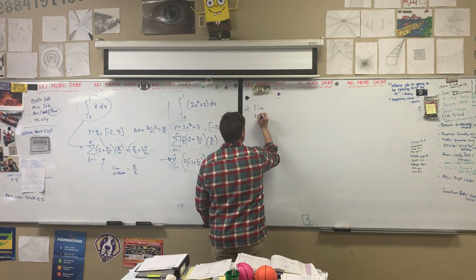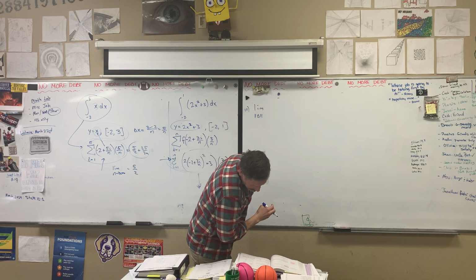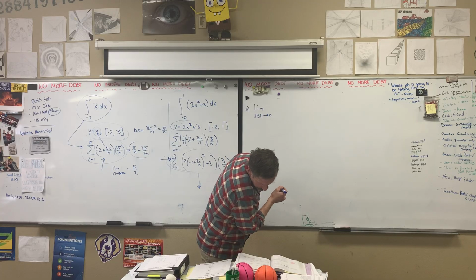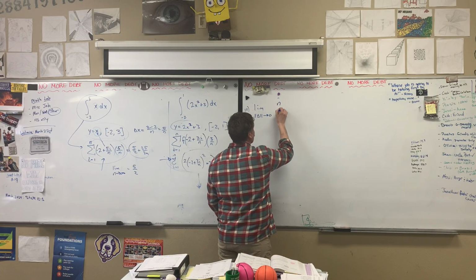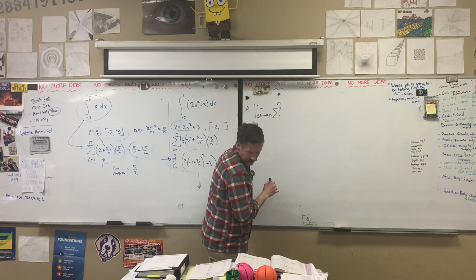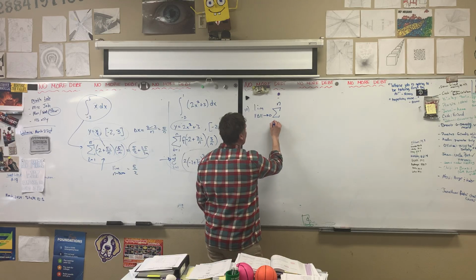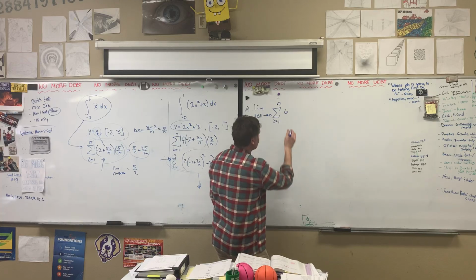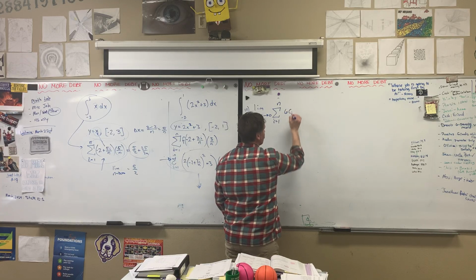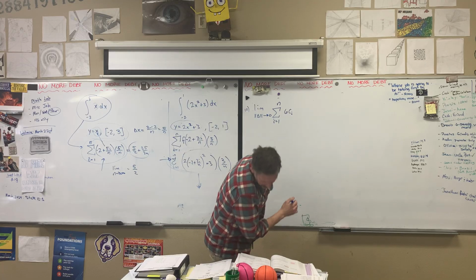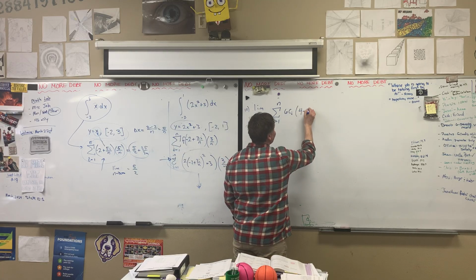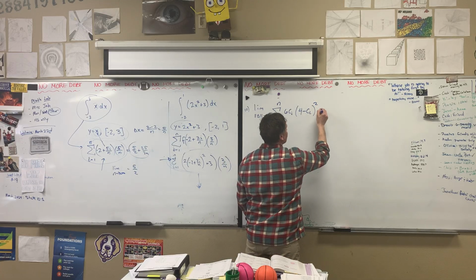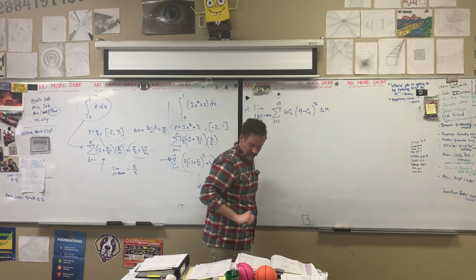They have where the norm goes to 0, which we discussed. The sum is i equals 1, the limit of the sum of 4 minus c sub i, quantity squared, times delta x.